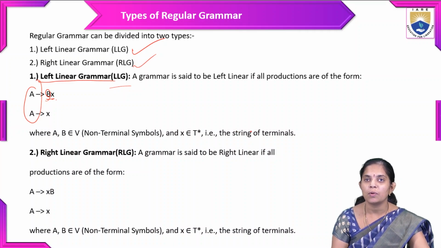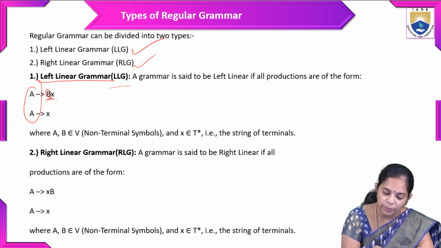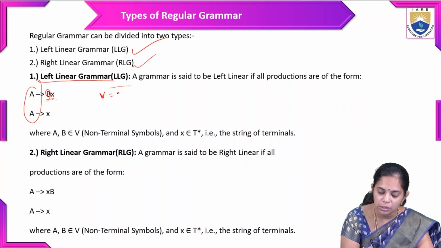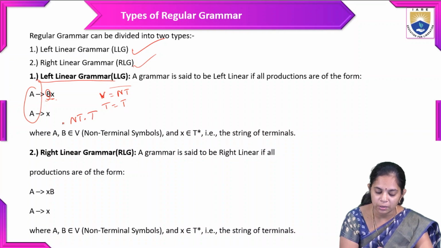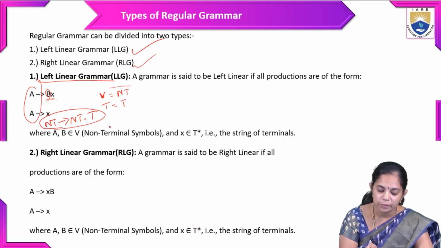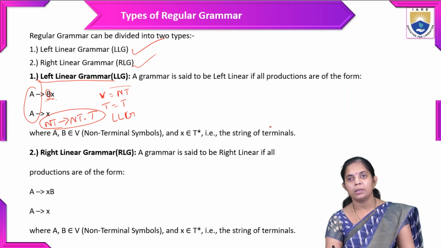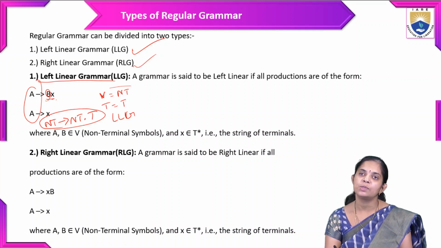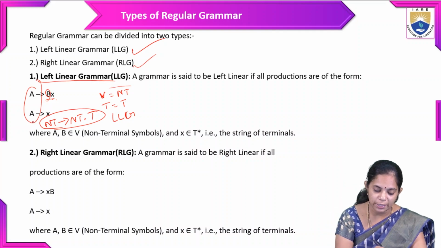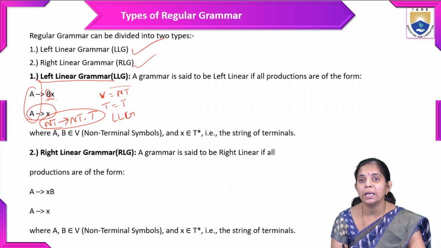Here V is the set of non-terminals and T is the terminals. So for the LLG, left linear grammar, a non-terminal is followed by a terminal. And here one more: A tends to X.